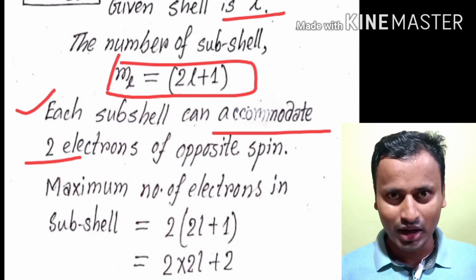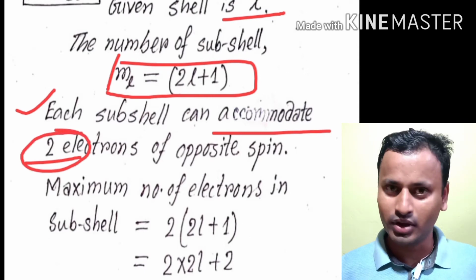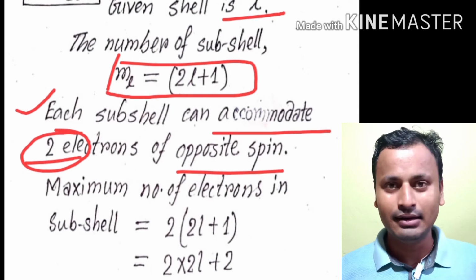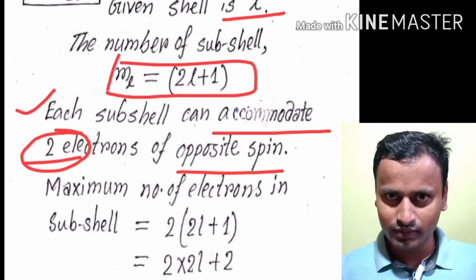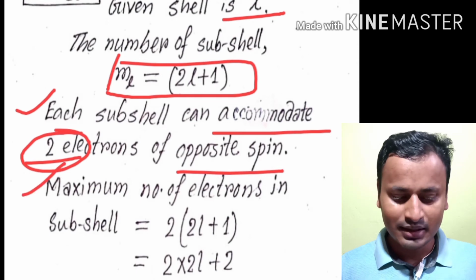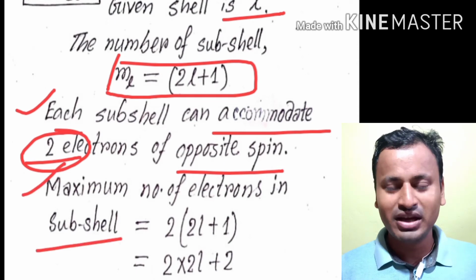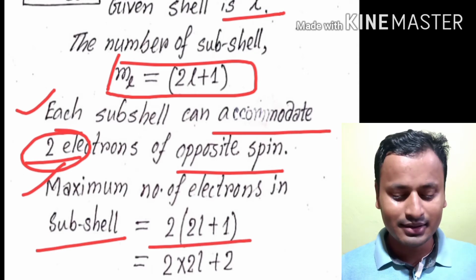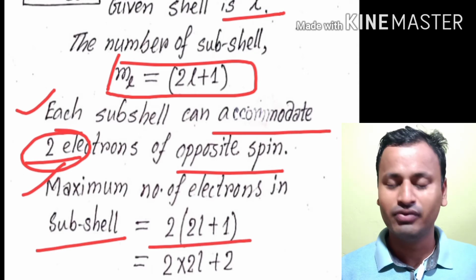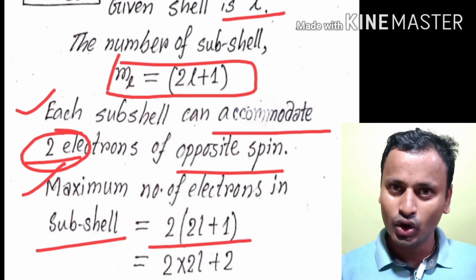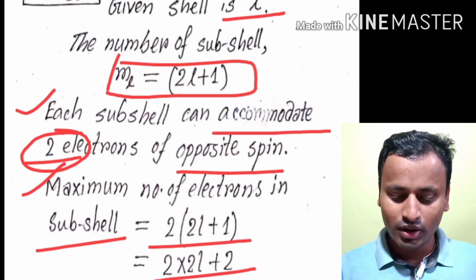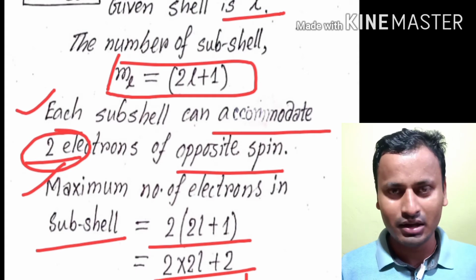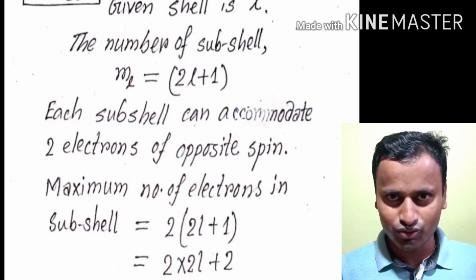Each orbital can accommodate 2 electrons, with opposite spins. So the maximum number of electrons in the subshell is 2 into the number of orbitals, where Ml equals 2 into L plus 1.